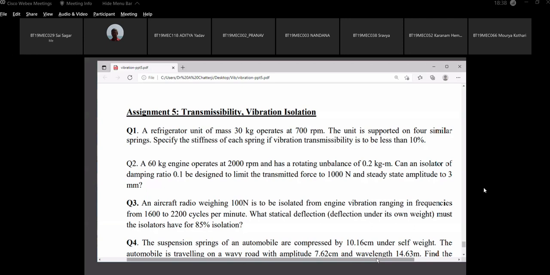At what frequency ratio will transmissibility be 10%? That you have to find out, and you have to design based on that frequency ratio.